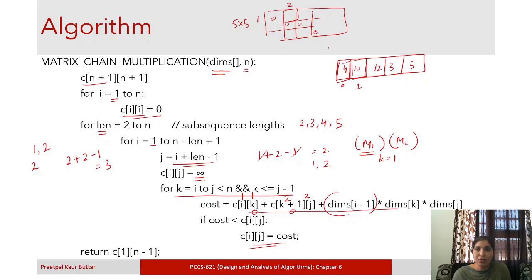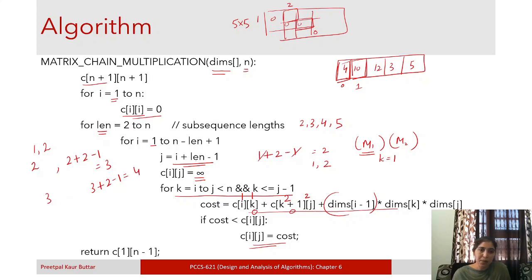So 2 comma 3, as we computed in the previous example. After 2 comma 3, i will become 3. When i is 3, j will be 3 plus 2 minus 1, that is 4.